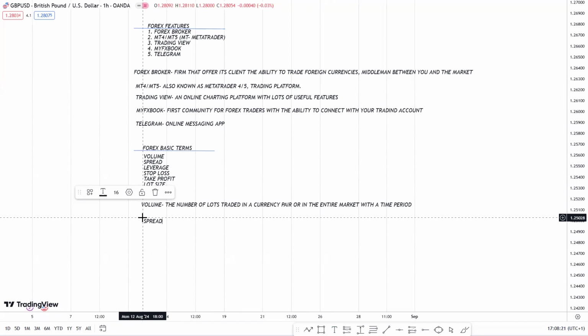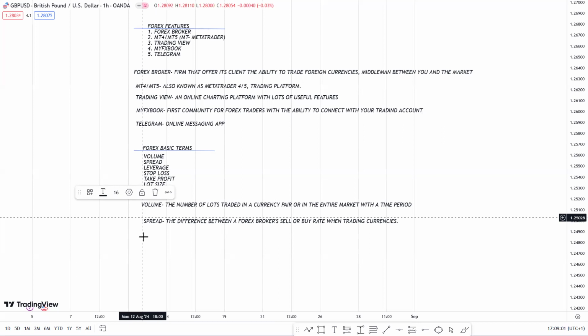Spread. Spread is what? Spread is the difference between a forex broker's sell or buy rates when trading currency pairs.